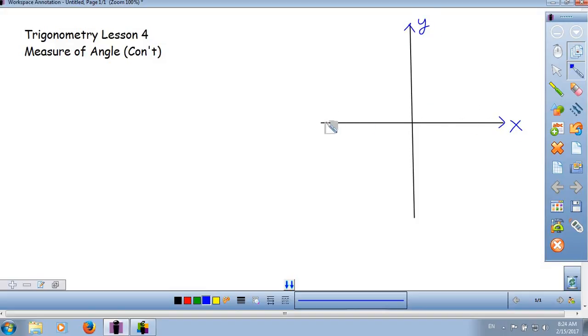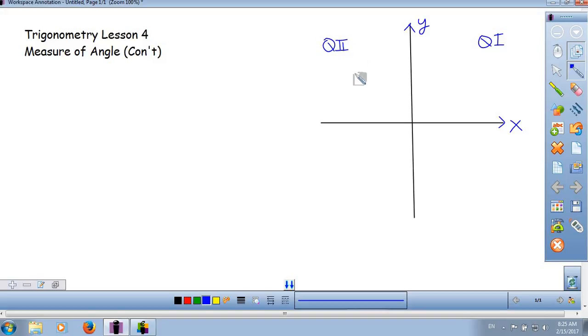So again, our x-axis is right here. This is the positive part of the x-axis. This is the negative part of the x-axis. This is the positive part of the y-axis. This is the negative part of the y-axis. As you can see, the coordinate plane is divided into four regions. The upper right-hand part is called quadrant 1, where both x and y are positive.